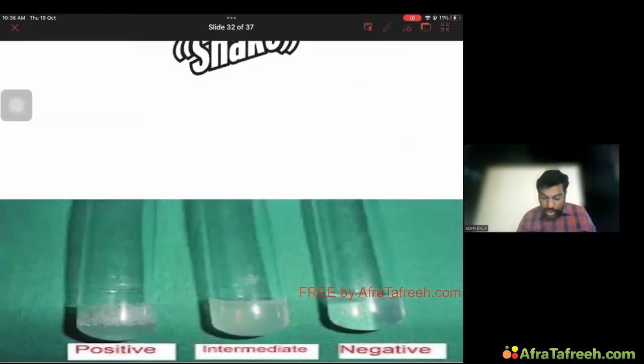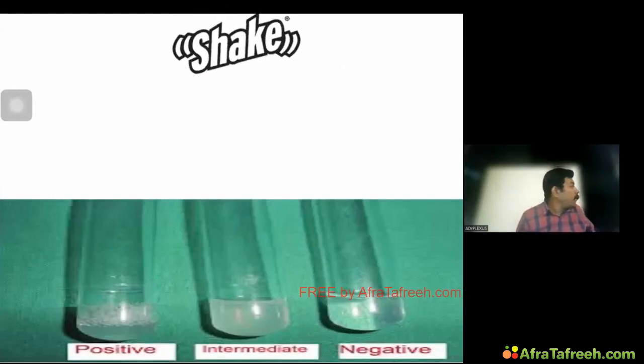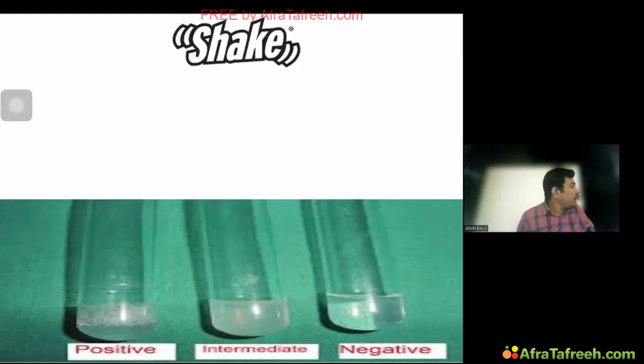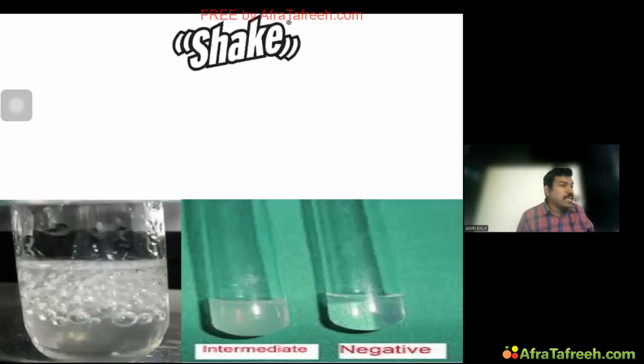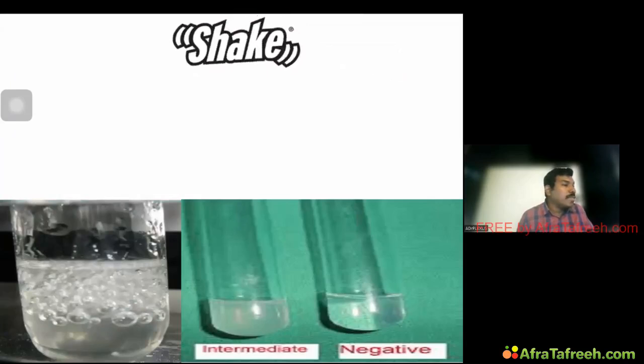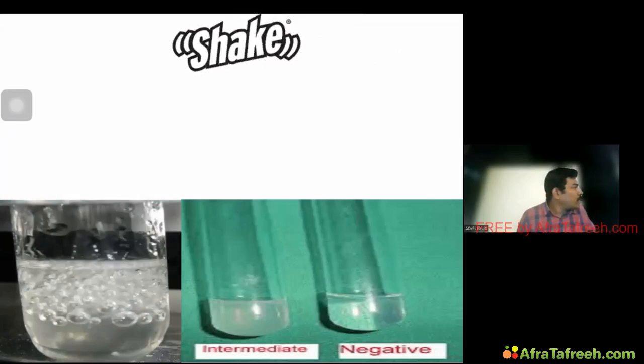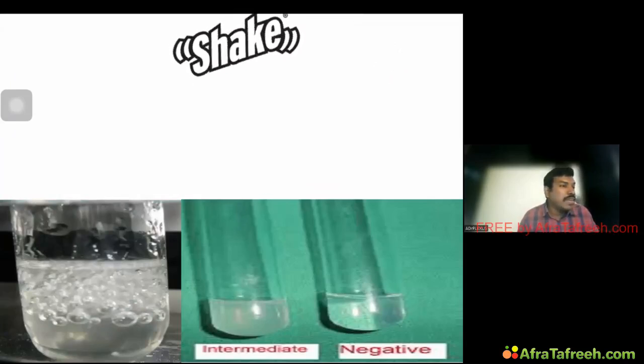So this is a test tube where you take the amniotic fluid and shake it well, and there will be bubbles. If bubbles are present, then lung maturity is present. If there are no bubbles, then lung maturity is not present.